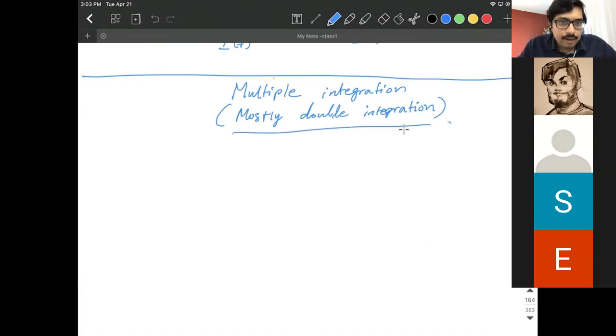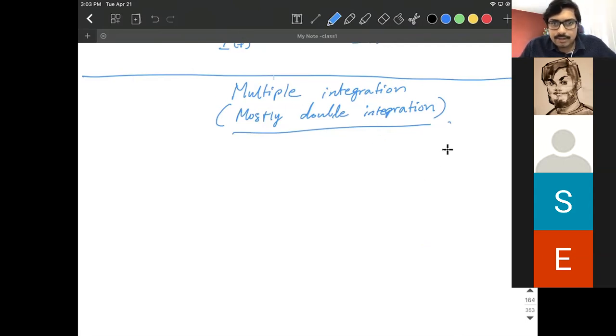Anyway, once again, for multiple integration, if you look at the lecture note, so lecture note 5 from page 7 onwards deals with multiple integration. There is a theoretical part of it, explained from page 7 to 10 of lecture 5.